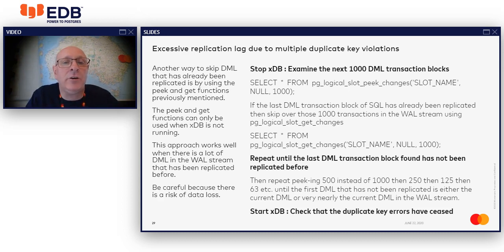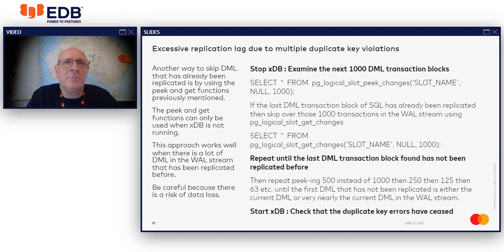is, if you know that you've got a lot of SQL that's been replayed already, then again, you can use pg_logical_slot_peek_changes, but instead of just looking at the next batch of SQL, look at the next 1,000 batches.